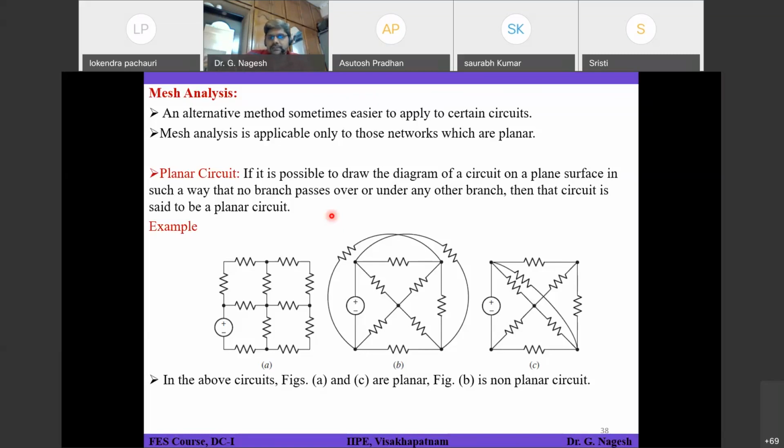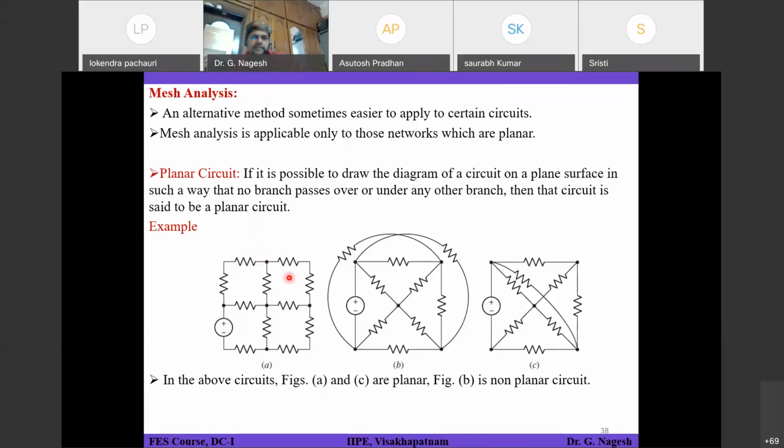Here there are 3 examples. Let's see which is planar or not. What do you feel, is circuit A planar or not? Planar. Why? Because you are able to draw the diagram for that circuit on a plane surface. There are no branches overpassing or underpassing.